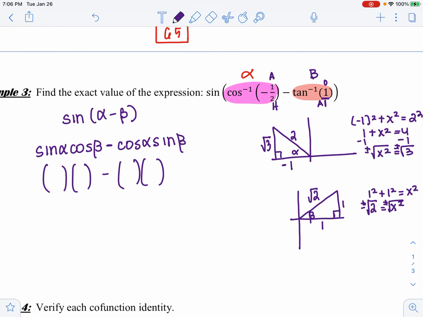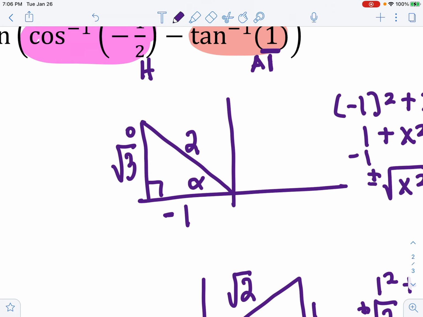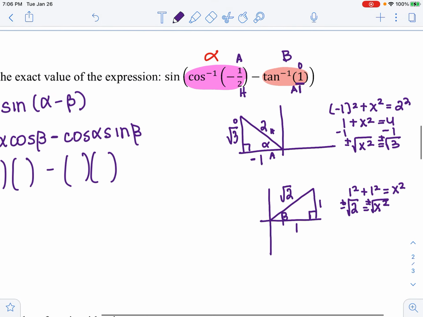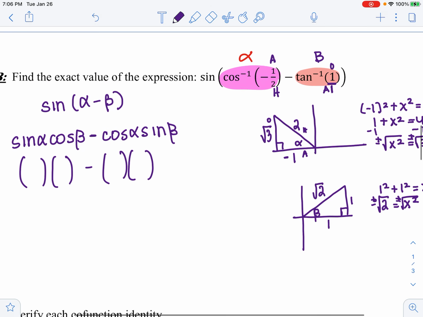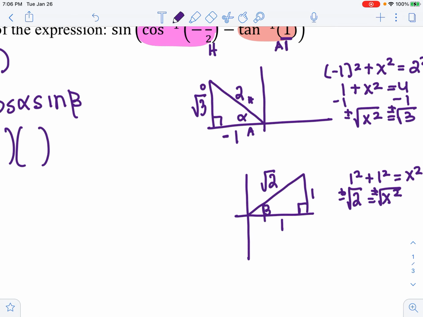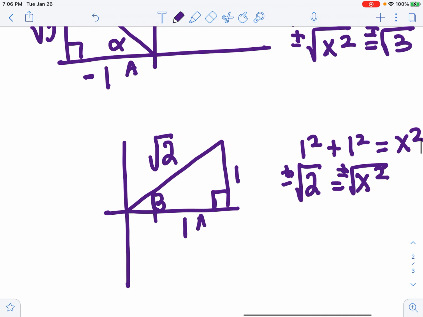All right, now I'm ready to fill in the blanks. So cosine of alpha. I'm going to go ahead and say this is opposite, this is adjacent, this is the hypotenuse. So sine of alpha, opposite over hypotenuse, root 3 over 2. I need cosine of beta.